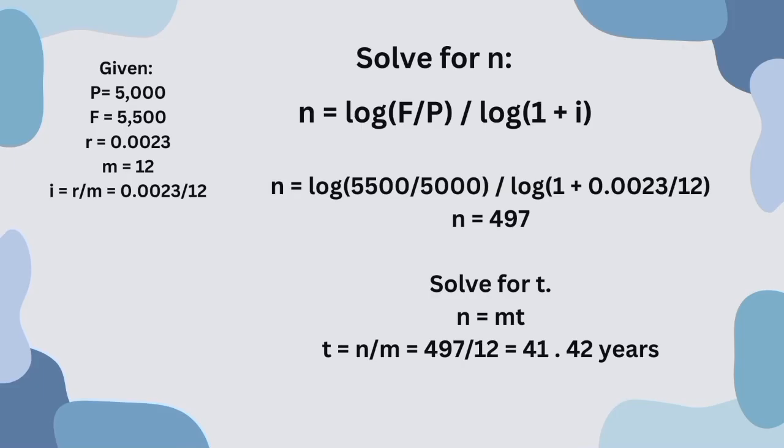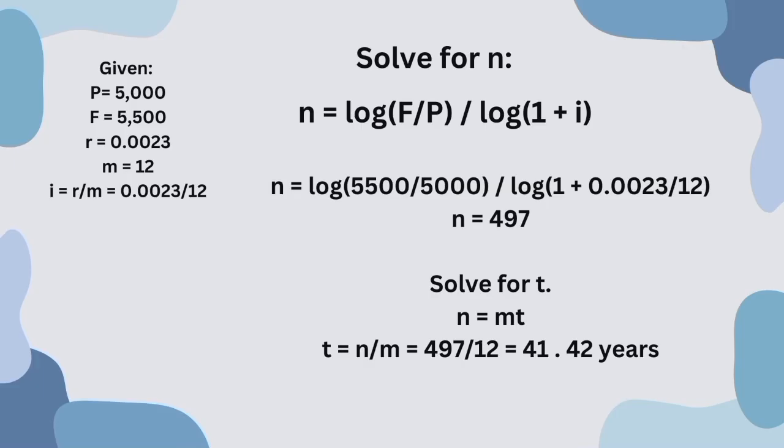Makita man sa scientific nga calculator answer. So after we compute the n, we will solve for t. So makuha na to ang t tungod sa n. So makuha pod ang n tungod kay gi-times ang m times t.